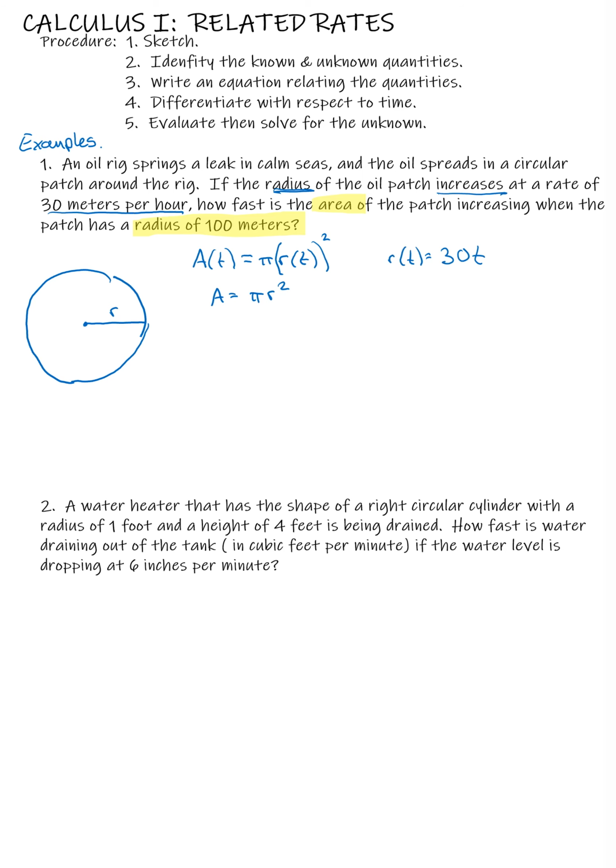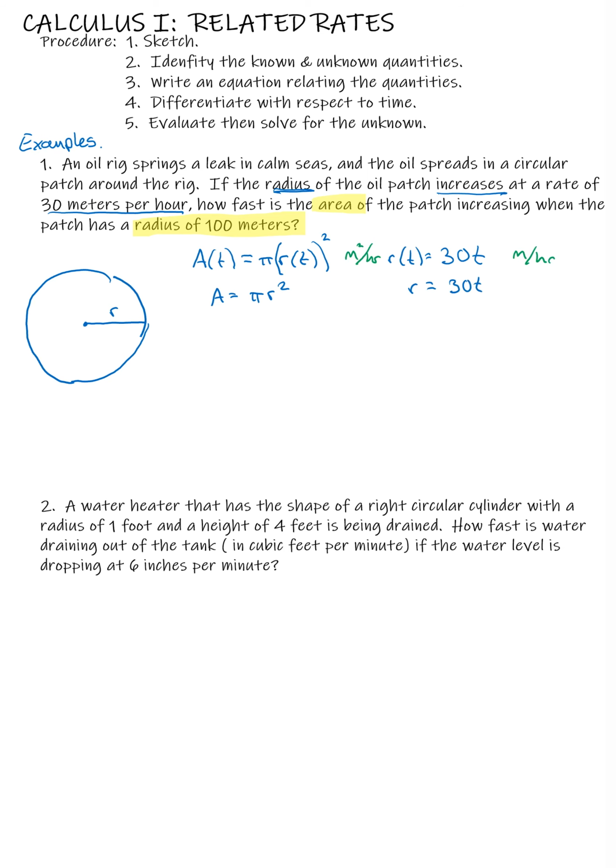Do notice that this is meters per hour, and so that means the area would be meters squared per hour. All right, I think that gives us a lot of what we need. With this radius equation, I will write r is equal to simply 30t.